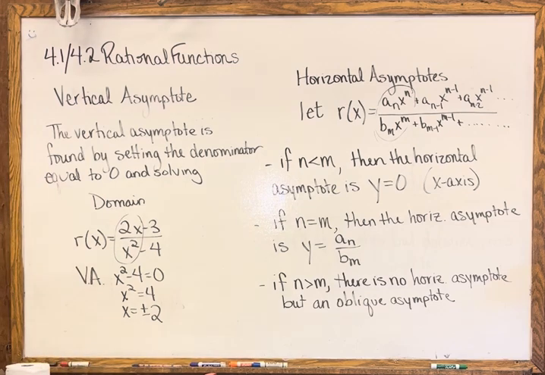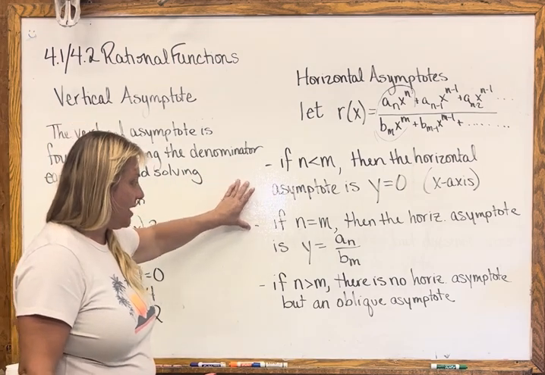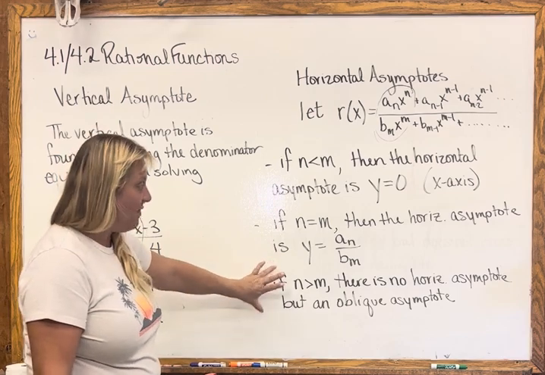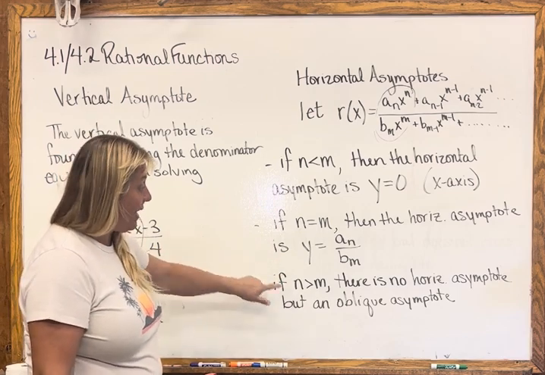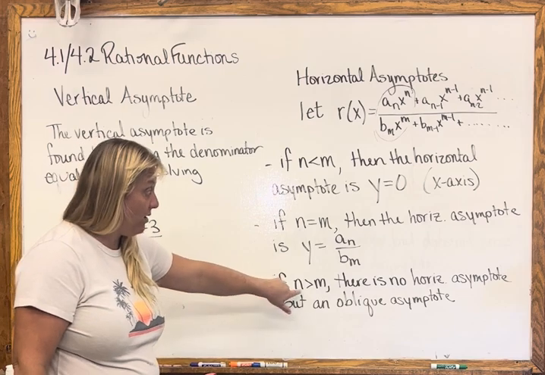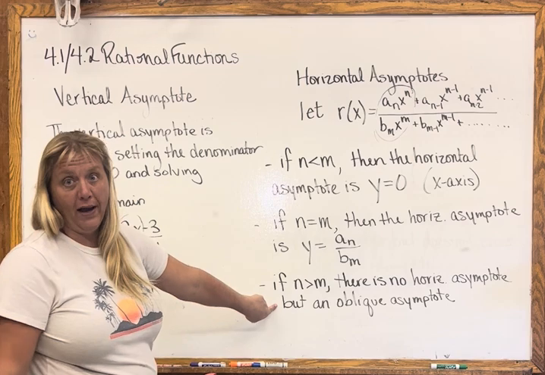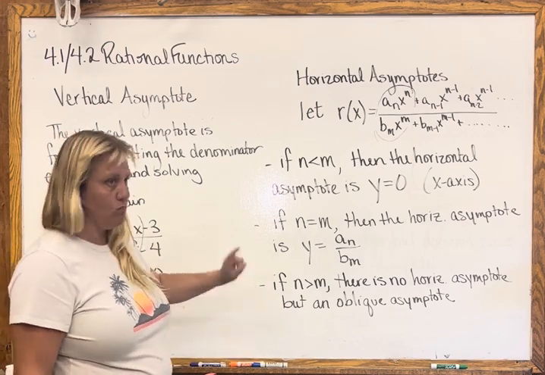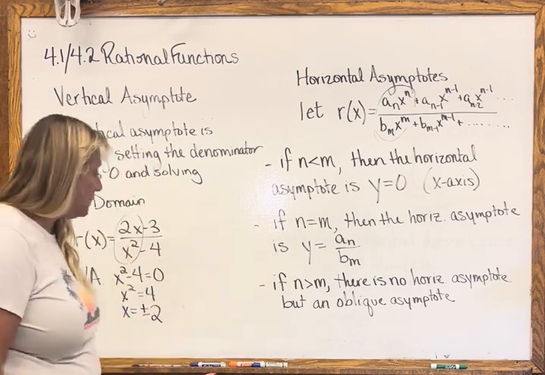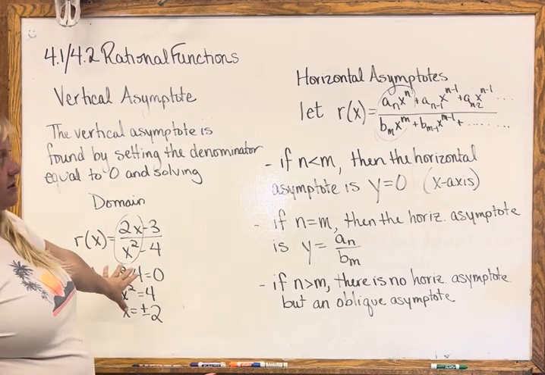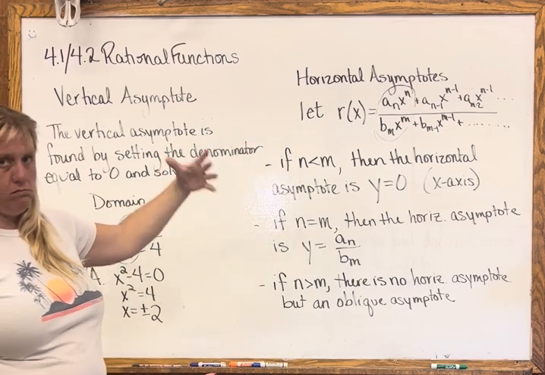Now, the oblique asymptote for right this second, for the beginning of our lecture, we don't want to worry about. We're going to deal with these 2 situations. Then as we get to the second part of our lecture, so probably in part 2, that's when we'll see this one. But if the degree on the top is bigger than the degree on the bottom, then there's no horizontal asymptote, and then something weird happens, and we'll have to take care of that when we get to it. Okay, and we will. Okay, so vertical asymptote, denominator equal to 0, horizontal asymptote, a little bit different.